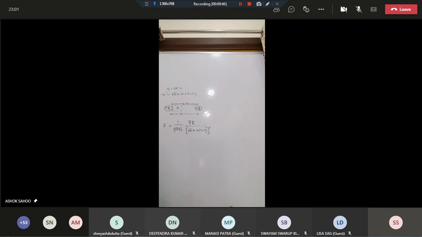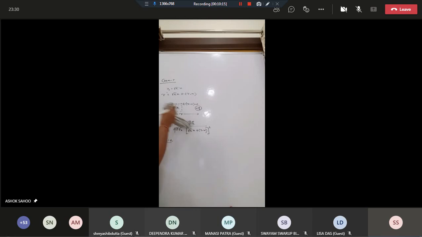Case, suppose this is case 1, case 2. This is case 1. Okay. Next case 2, write down. Case 2: if space between two charges is completely filled up by dielectric.